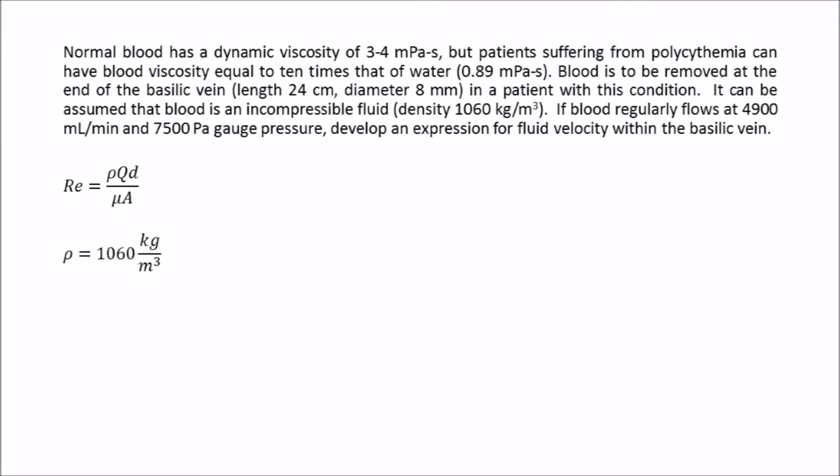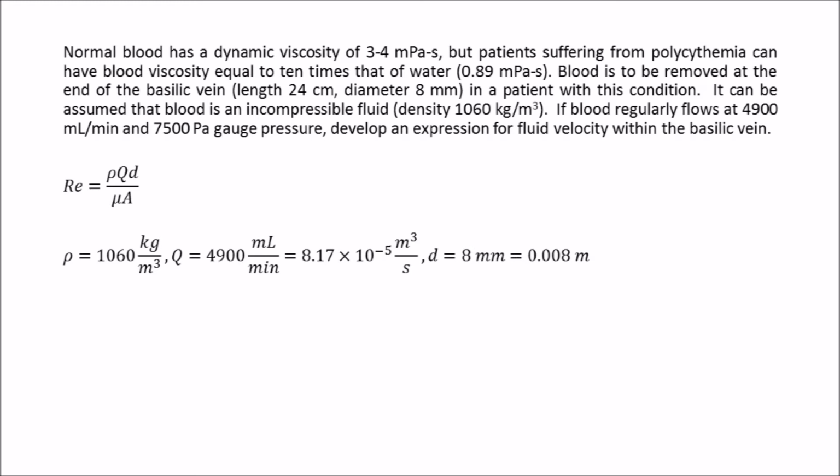We are given the value for density. We can convert the given volumetric flow rate to SI units. And we are given the diameter of the vein of interest. We know that the blood viscosity is elevated to 10 times that of water, and we convert the result to SI units.